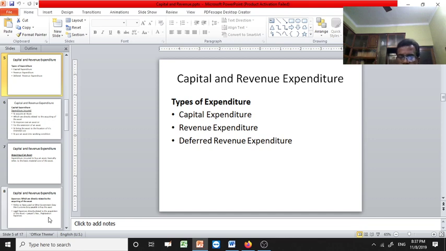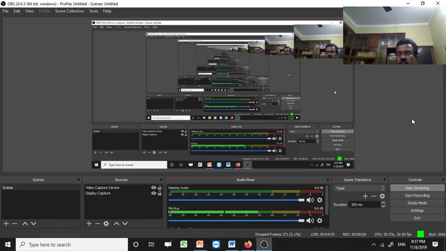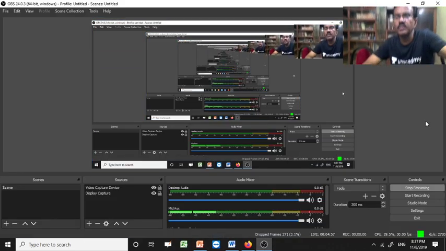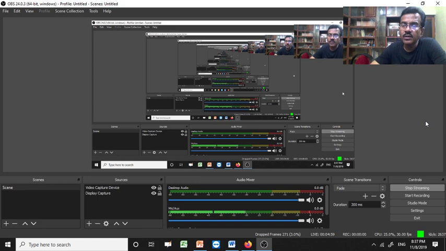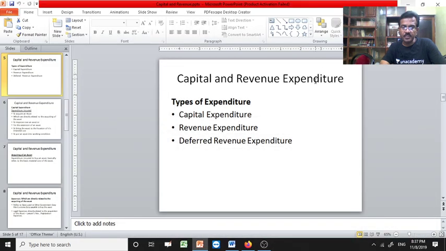These are the expenditures that we come across in the course of accounts preparation, when you are writing the accounts on a day-to-day basis, and we need to understand what these three types of expenditure are.